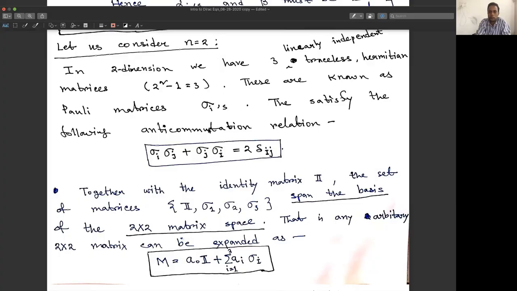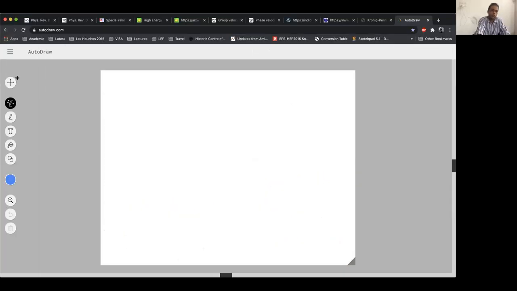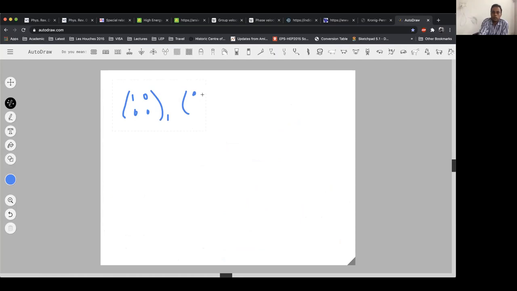Let me just share this. The basis vectors in 2 dimensions are basically this natural basis: 1, 0, 0, 0; then 0, 1, 0, 0; then 0, 0, 1, 0; and 0, 0, 0, 1.